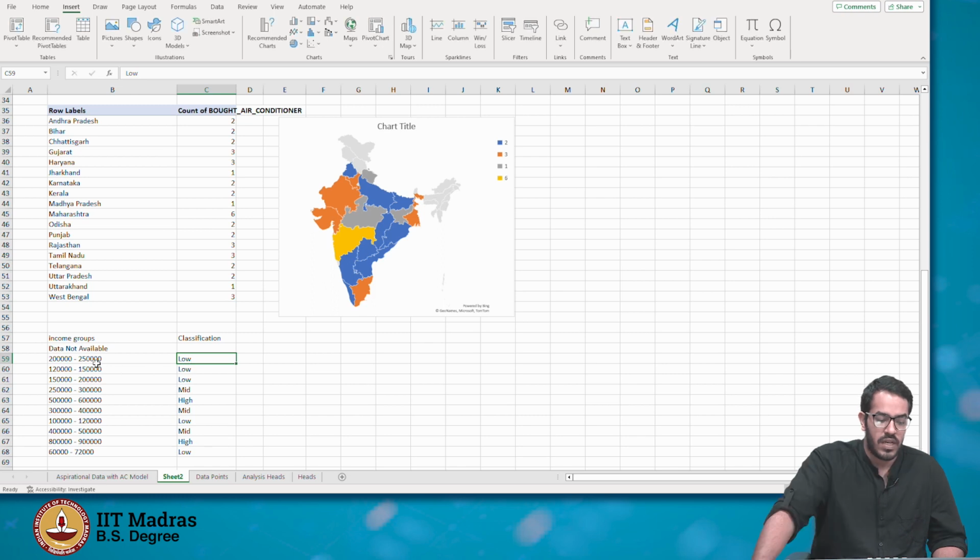So here we can see that we have 5 low income groups, 2 medium income groups, and 2 high income groups. Of course, this classification is as per my experience and my understanding of money. For different people, this classification will also be different, although there has to be a standard, which if it comes in an assignment, we will mention separately.